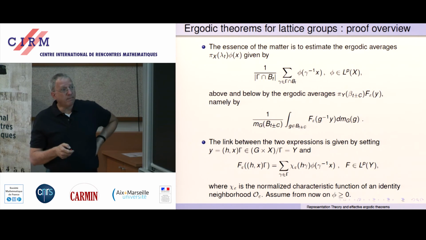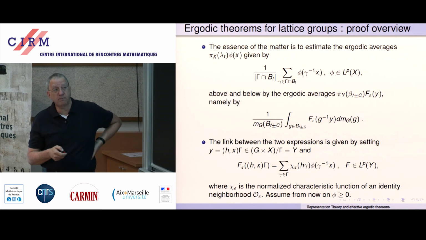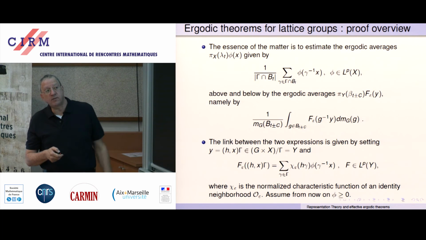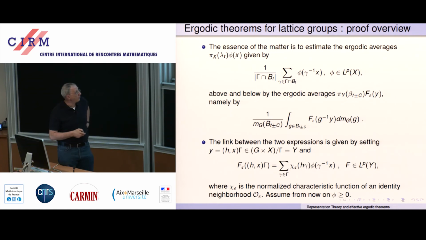the sum of chi epsilon h gamma, where chi epsilon is, as usual, a normalized bump function, and then we weigh this translate by the value of phi at gamma inverse x. Now, if we had the trivial action on a point, then this is precisely what we did before.